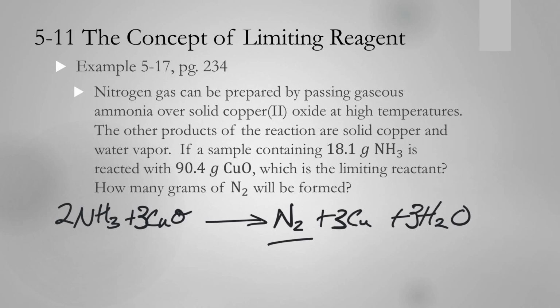The question says, if a sample containing 18.1 grams of ammonia is reacted with 90.4 grams of copper(II) oxide, which is the limiting reactant and how many grams of nitrogen are formed?